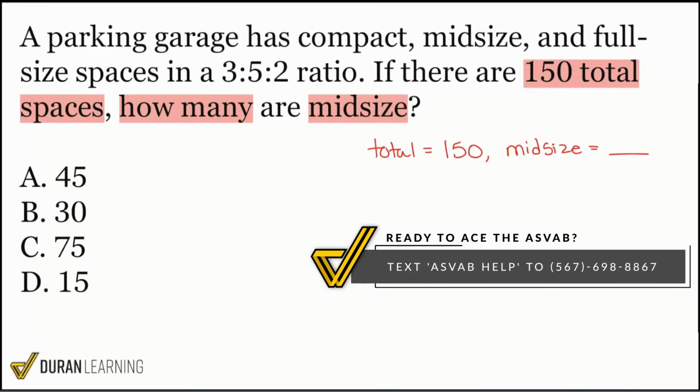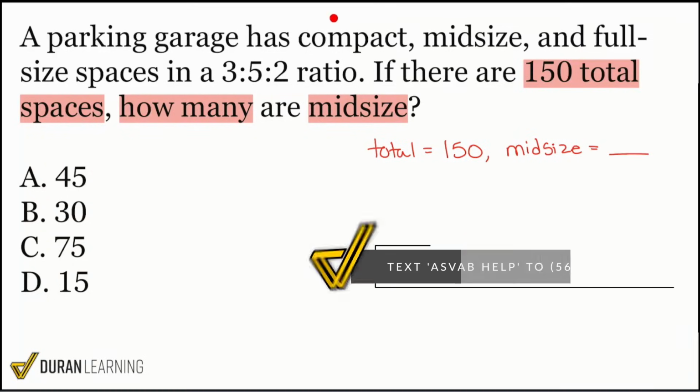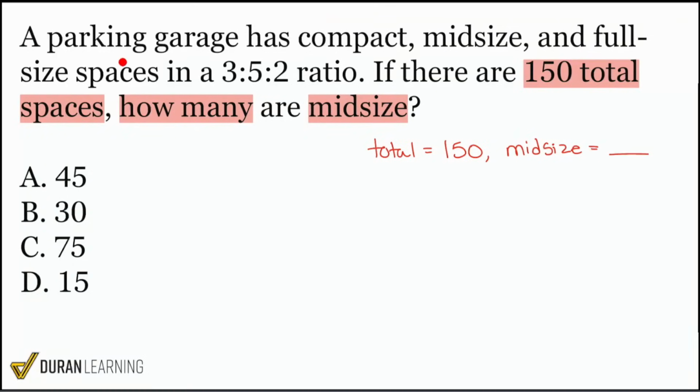So check this out. The first sentence in the problem says, a parking garage has compact, mid-size, and full-size spaces in a 3:5:2 ratio. Everyone, before I even write that information down, what is the comparison that we are actually trying to achieve to get a proper proportion?